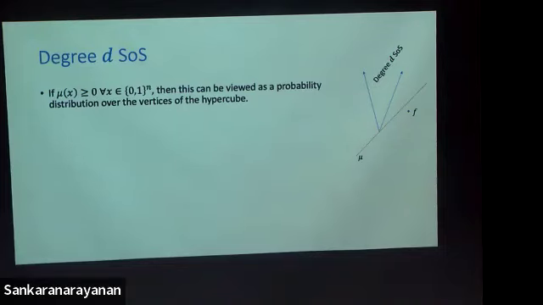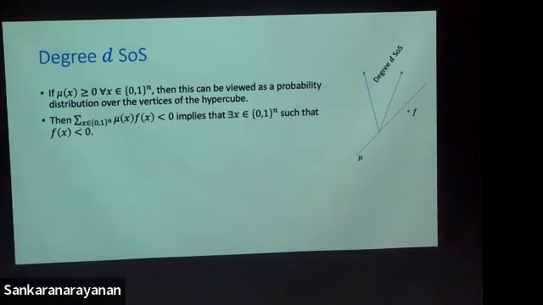So that's a probability distribution over the vertices of the hypercube. And so the implication that we had, the summation over x of mu x fx less than 0, actually implies that there exists a point x such that fx is strictly less than 0. Again, all of this holds only if we really got lucky and all the mu's were non-negative. So then we can actually solve the best case scenario that we hoped for.